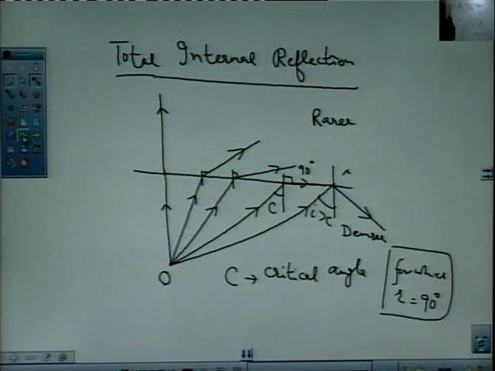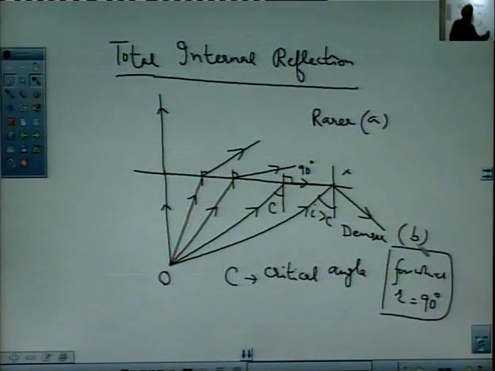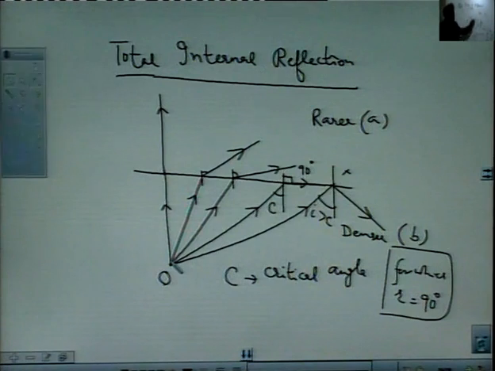Now, coming back to that case, suppose this is medium A and this is medium B. Light is going from medium B to A, denser to rare.